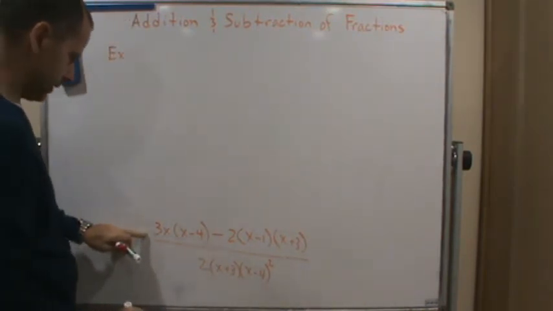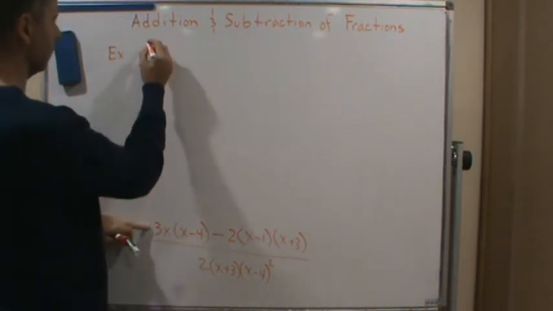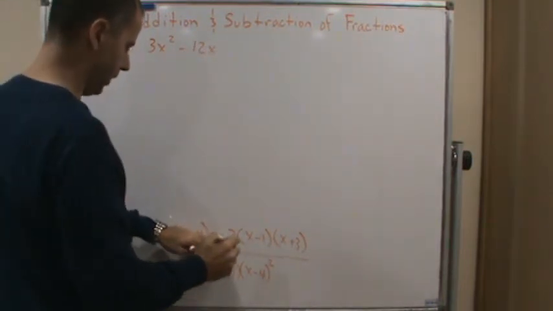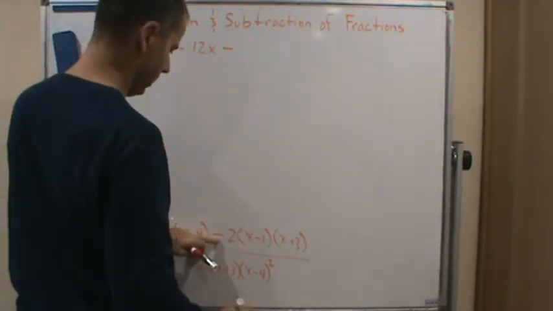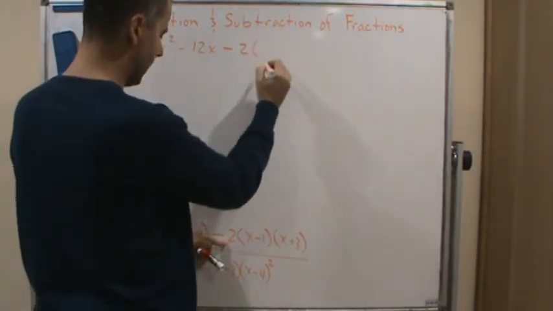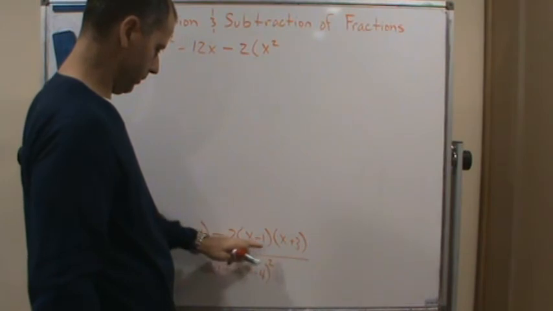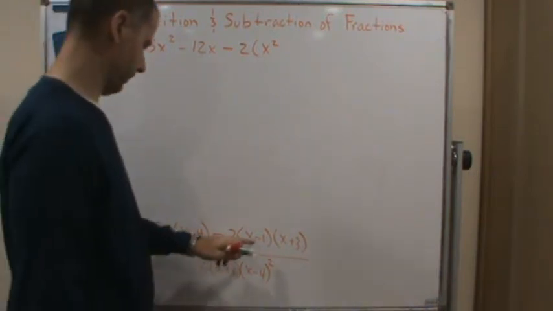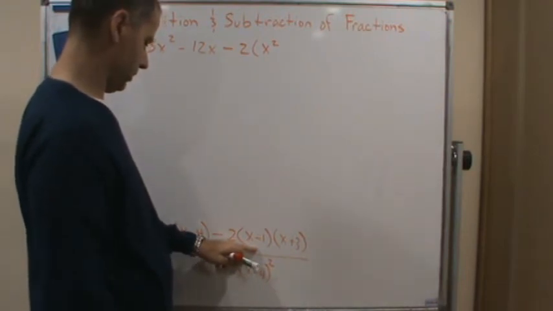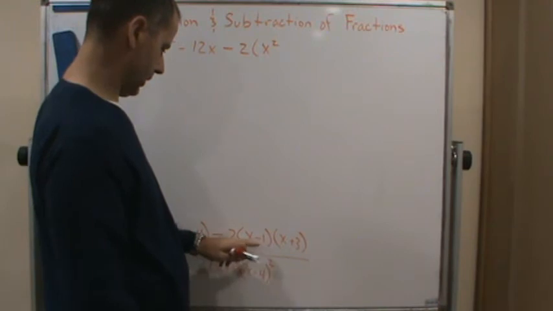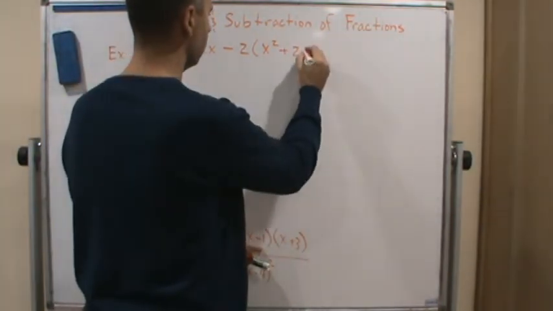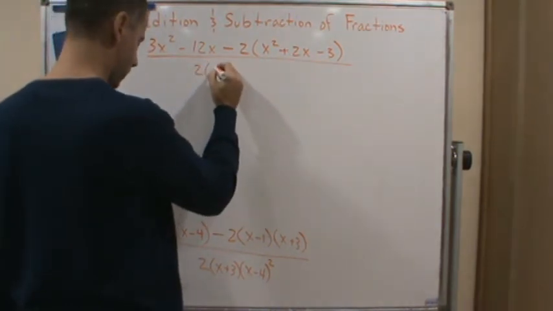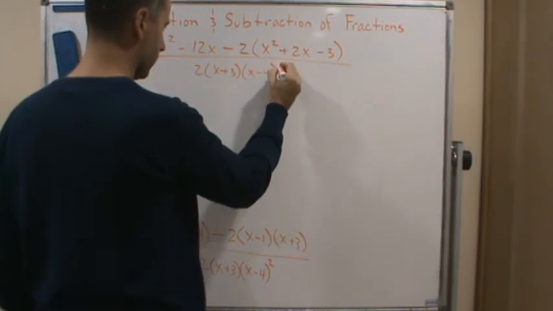So I'm going to simplify this and say, okay, I get 3x squared minus 12x minus 2 times, this is going to give me x squared plus 2x minus 3, all over 2 times (x plus 3) times (x minus 4) squared.